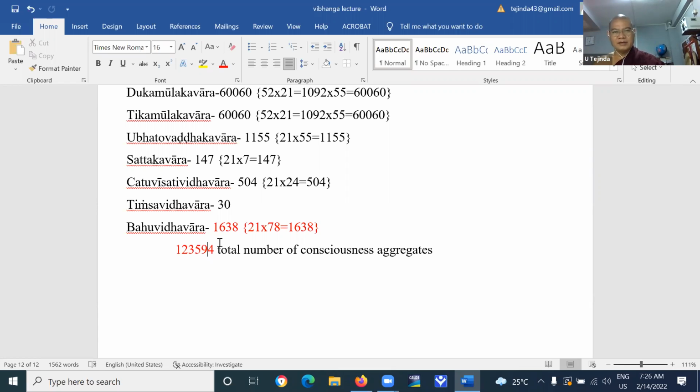But they are not counted at the end of each Samphassa. Only the Viññāṇakkhandha; the six Viññāṇa are counted at the end of each Samphassa here. That is the difference. As I said, we don't know why the Buddha did it. Only the Buddha knows, but according to what is right here, it's different.